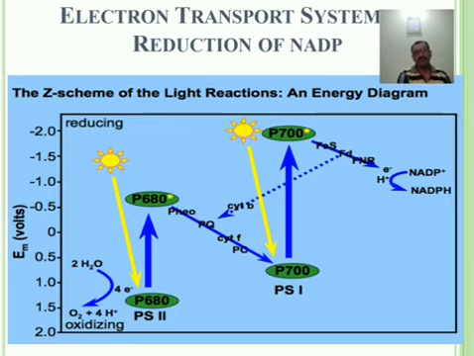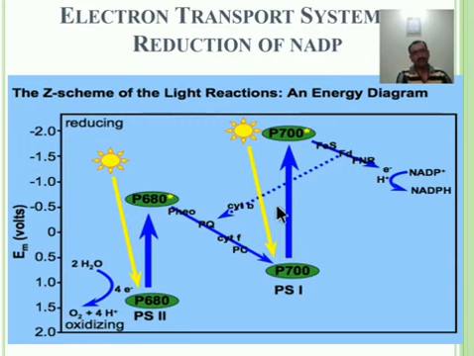The photosystems are linked by a series of carriers. Let us see here. This is the first carrier, second, third, fourth. These are the different carriers which constitute a downhill bridge.